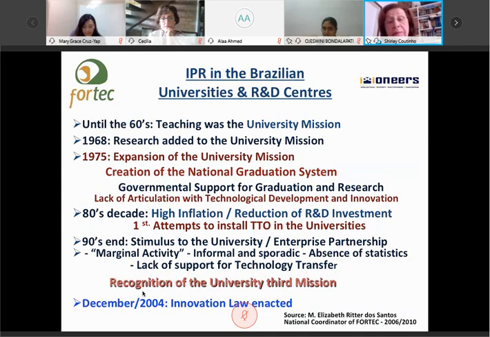In the university, until the 60s, teaching was the only mission. Then there was an expansion with the creation of the national graduation system. But the third mission of the university, dealing with innovation and partnership with the industrial and service sectors, came only in the 90s, after the hyperinflation of the 80s, which was said to be a lost decade.